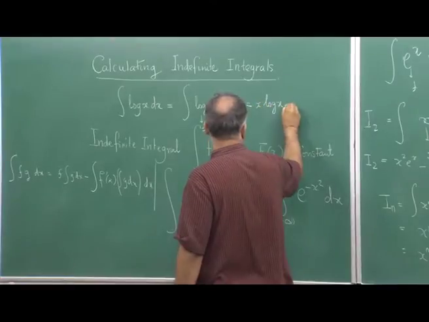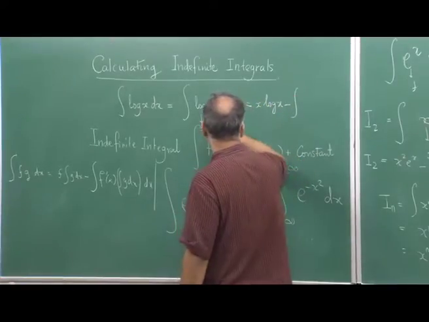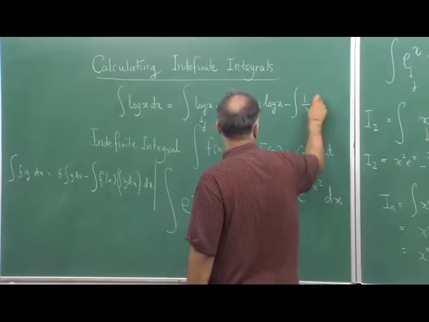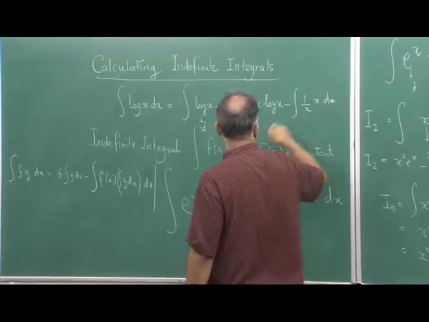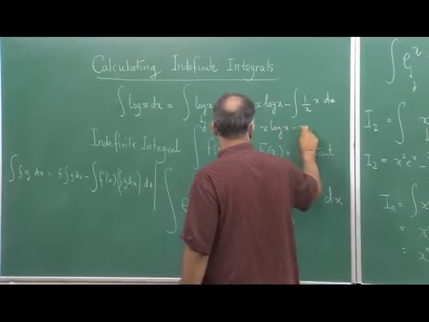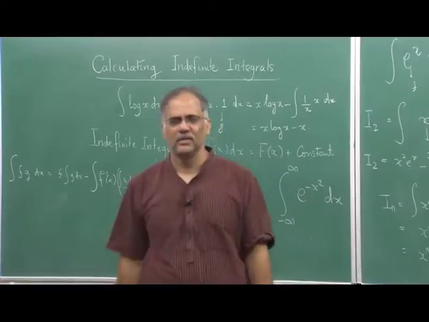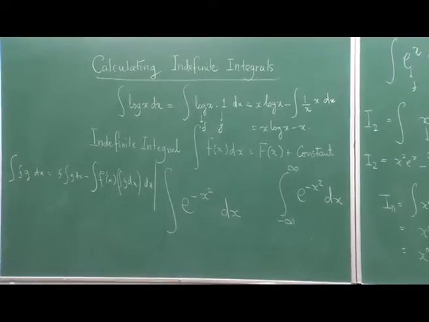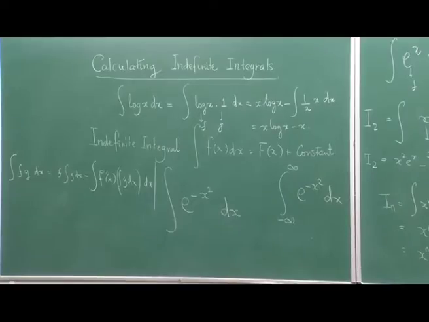So, x log x minus integral d/dx of log x, which is 1 by x, into x dx. So, x gets cancelled. So, it is x log x minus x. Surprisingly, not so simple looking integrals can have a very simple solution once you have these kinds of techniques.